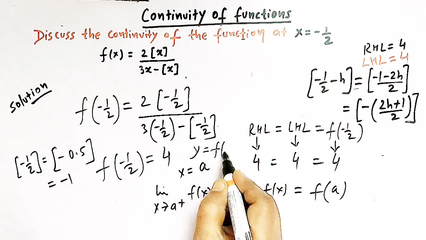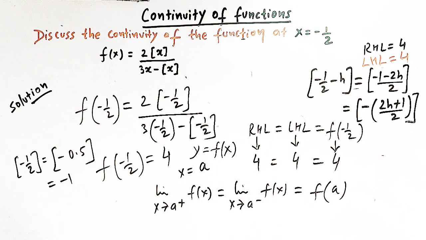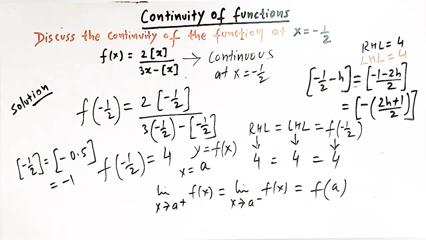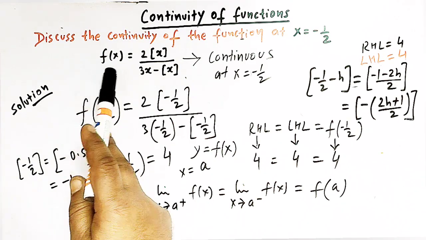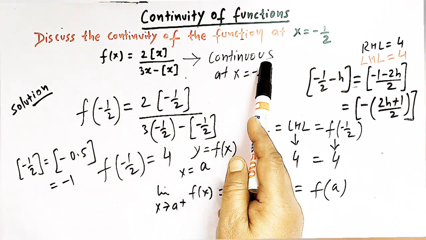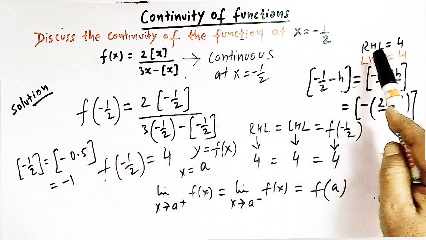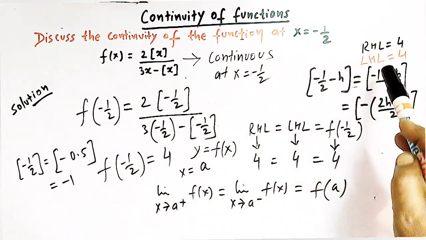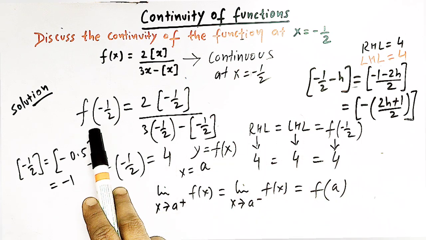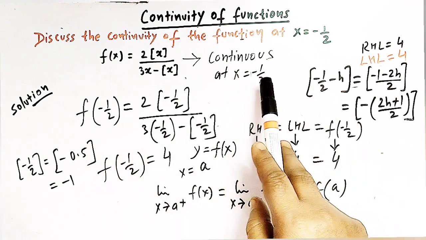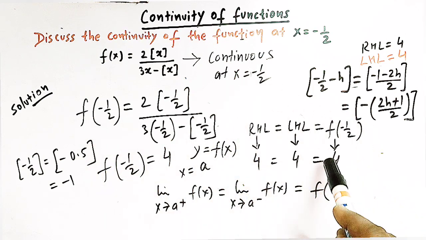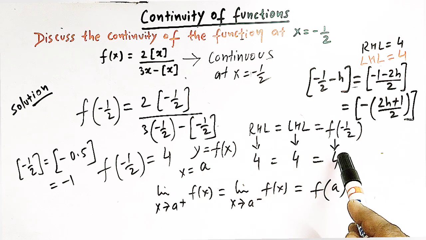So here we have taken the function as y is equal to f of x. So viewers, this function f of x is continuous at x is equal to minus half, because the right hand limit and the left hand limit along with the value of the function at x is equal to minus half, all these three quantities are equal to each other, right?